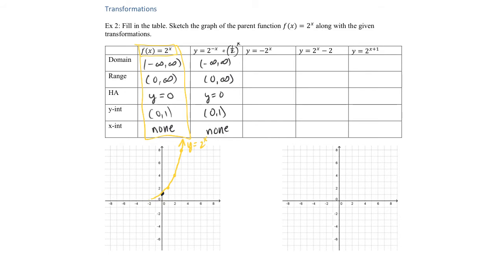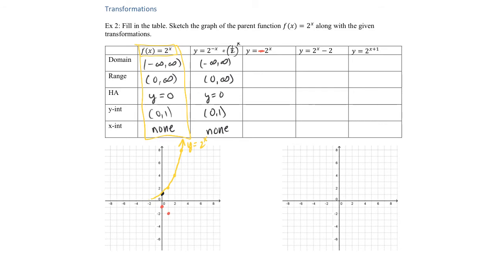Now, if I take the opposite of that, that is taking whatever output I had and just making it negative. So here I had an output of +1. Now I'm going to have an output of -1. Here I had an output of 2. It's just making it negative.